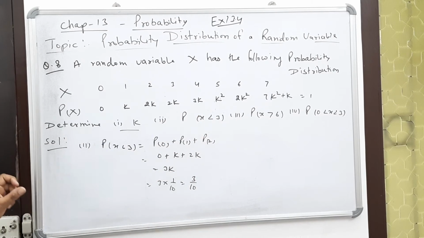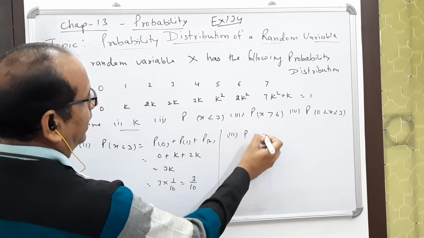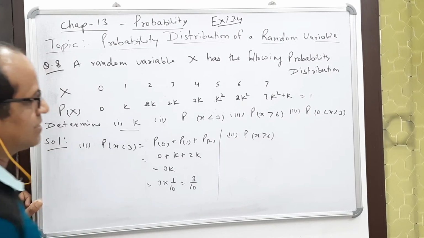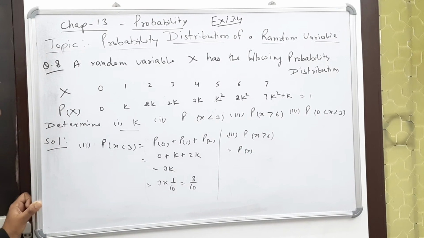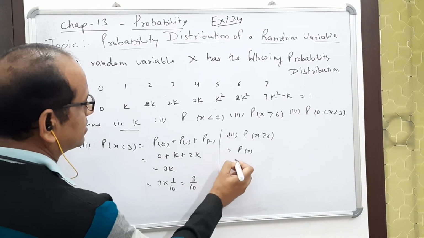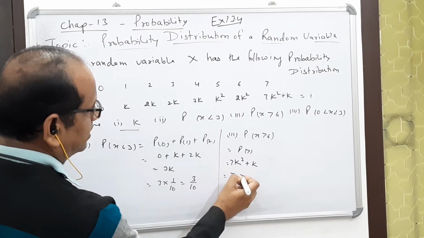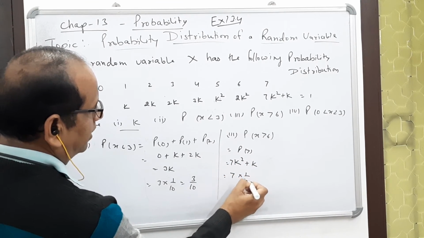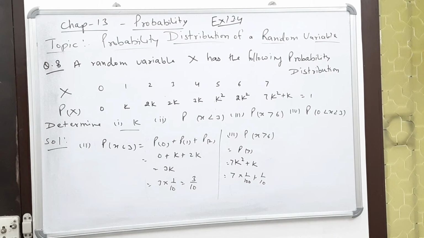You see the third part now. The third part is P(X greater than 6). It means what? P(7). P(7) means it is 7k square plus k. So it is 7 into k square, which is 1 by 100, and k is 1 by 10. Please see this part.